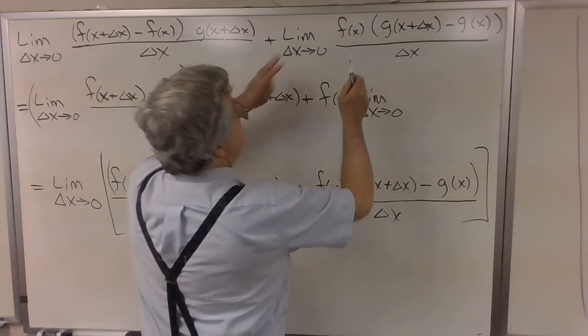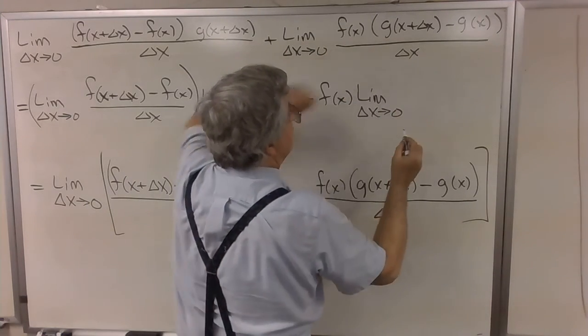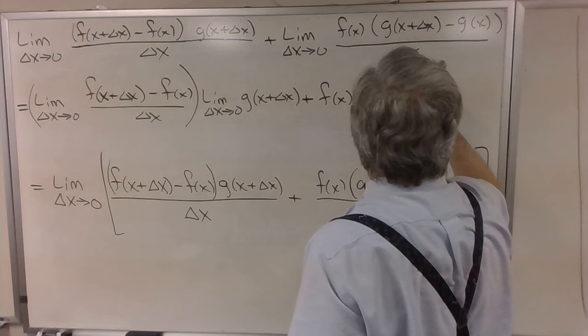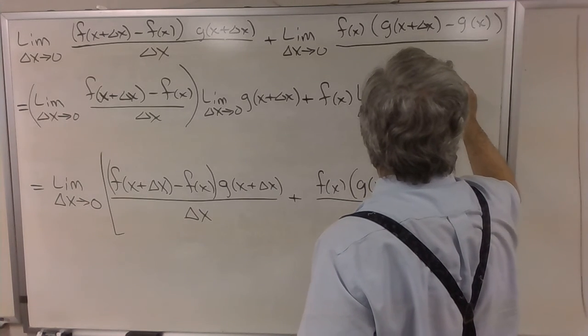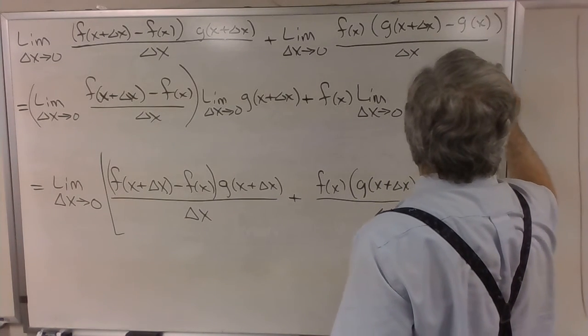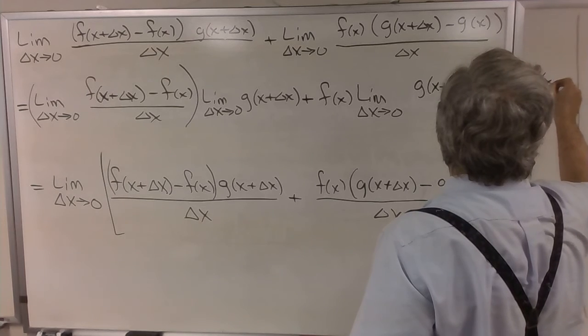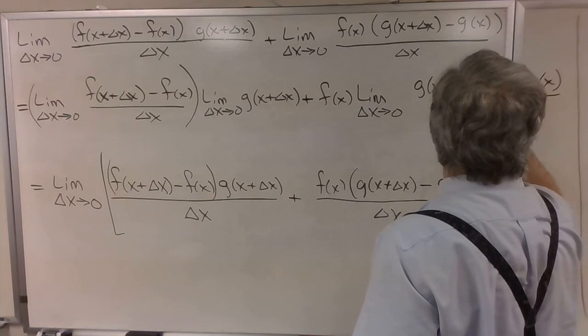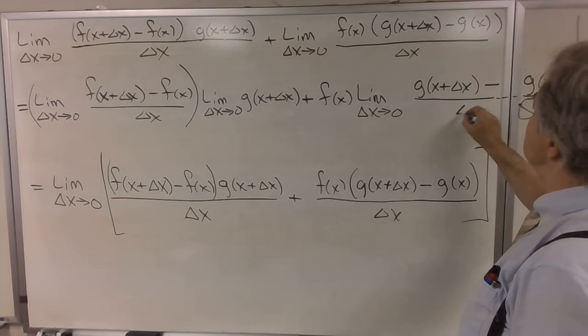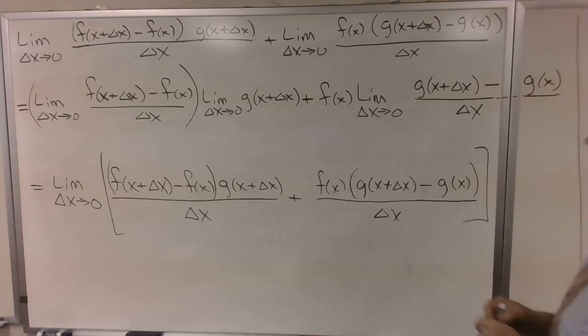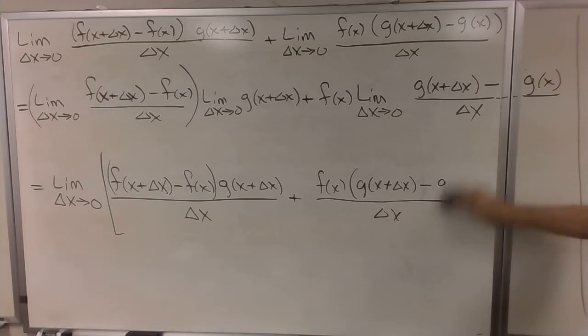And it's the limit of g of x plus delta x minus g of x, all over delta x. Oh, this is looking so good.